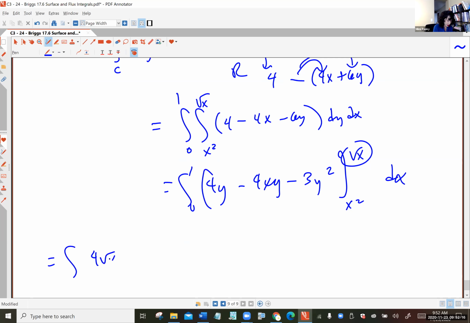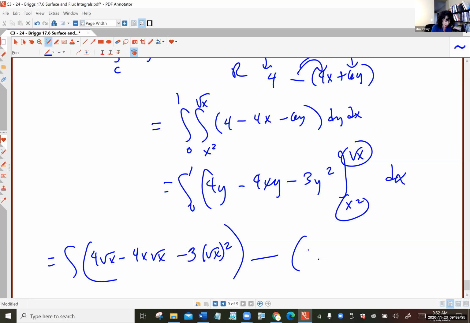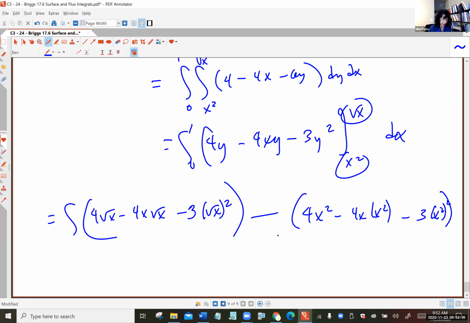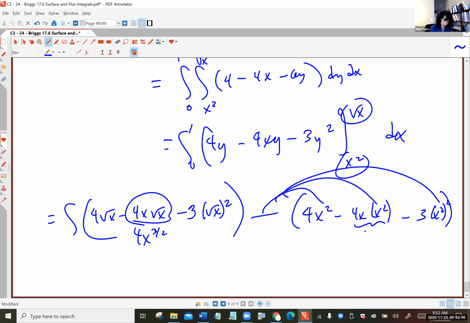Oh, shoot, this is kind of a nightmare. And then plug in your lower limit. This is really going to be kind of yucky, but right now it's really just a Calculus 1 issue. It's just algebra, and make sure you multiply your powers of x together. Here, this would be 4x to the 3 halves, and then you'd of course want to distribute your negative, and here you have a 4x cubed term, and you do all that.